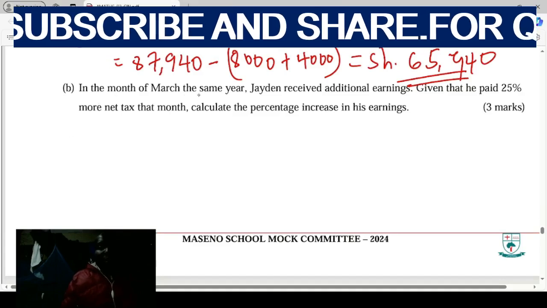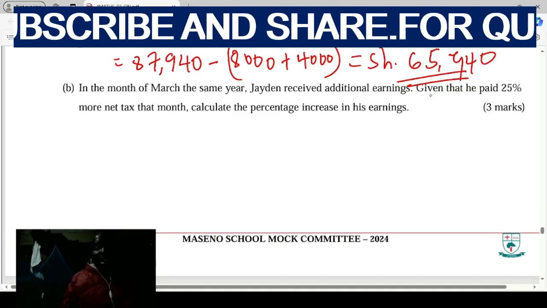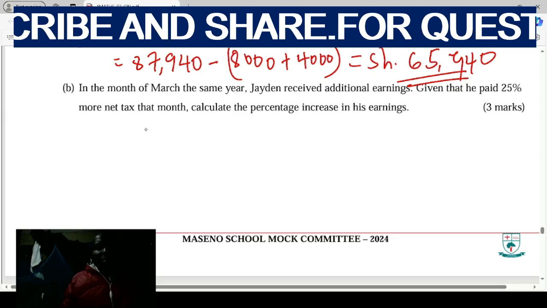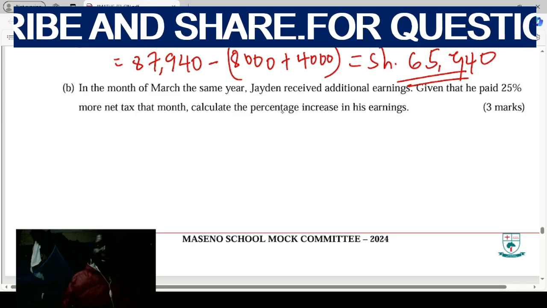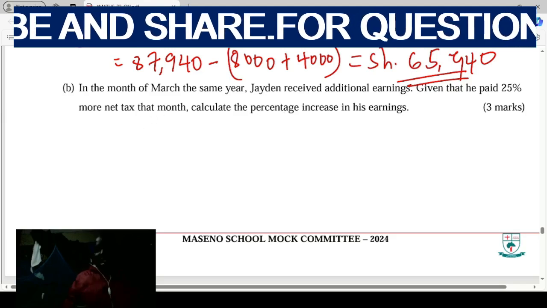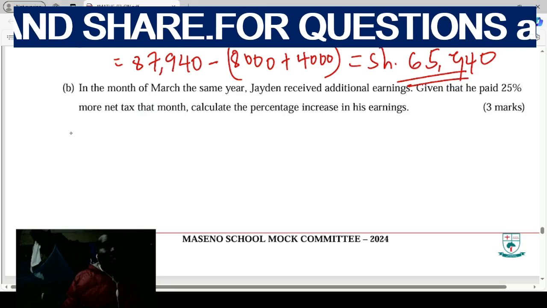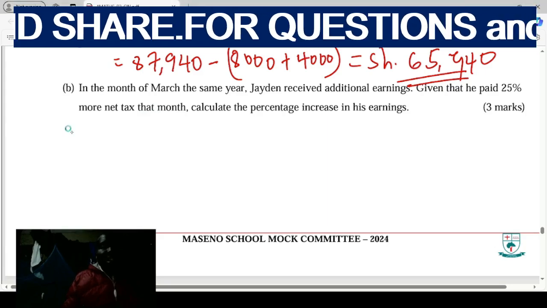In the month of March, the same year, Jaden received additional earnings given that he paid 25% more net tax that month. Calculate the percentage increase in his earnings. So we can first get the increase in the net tax.